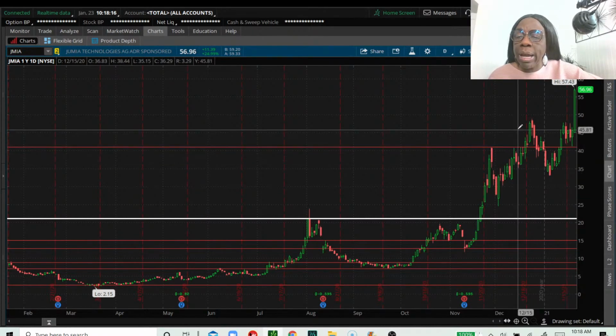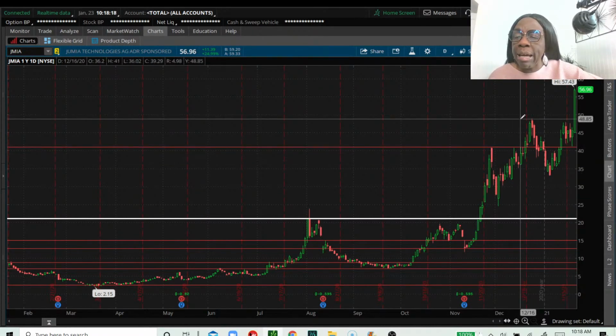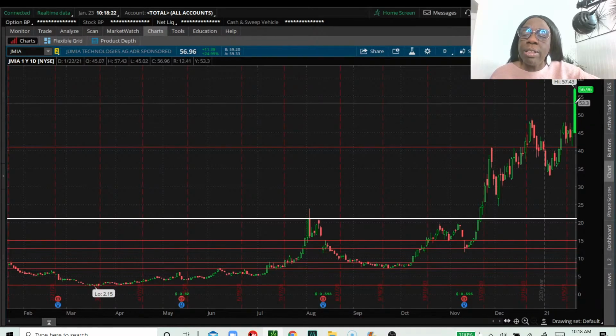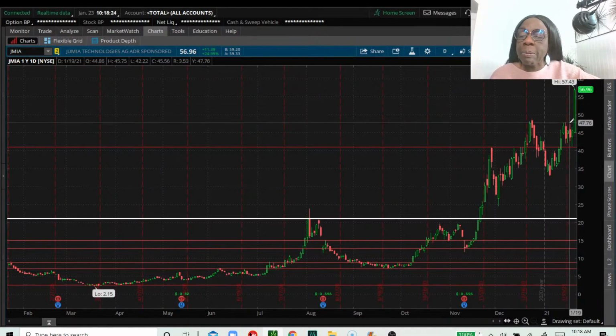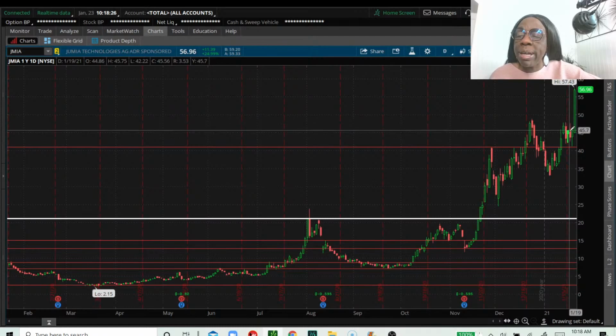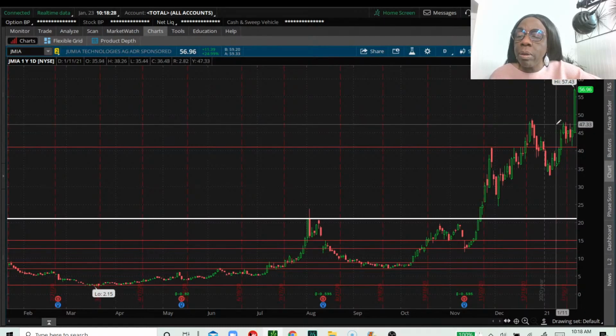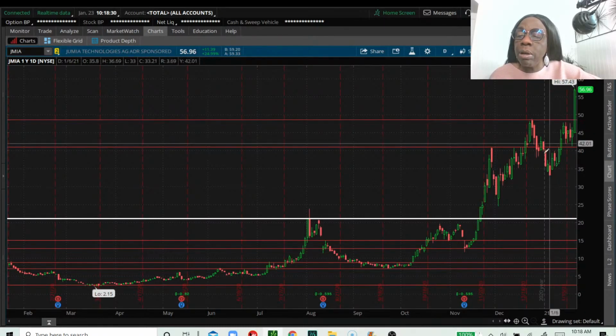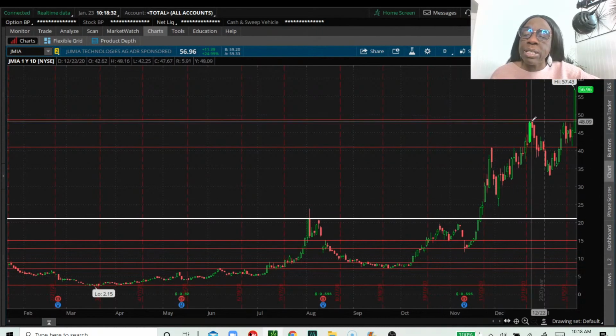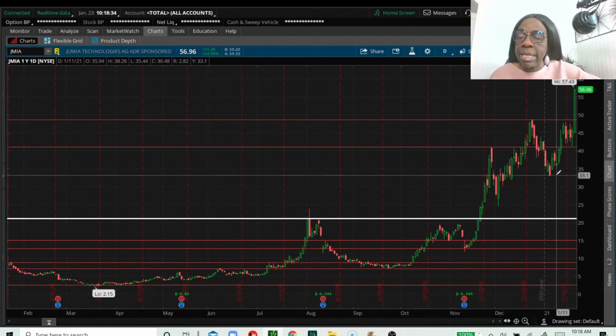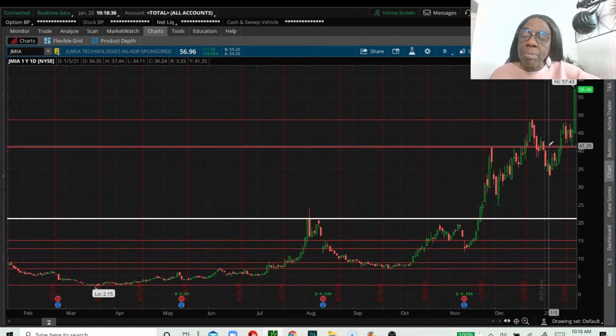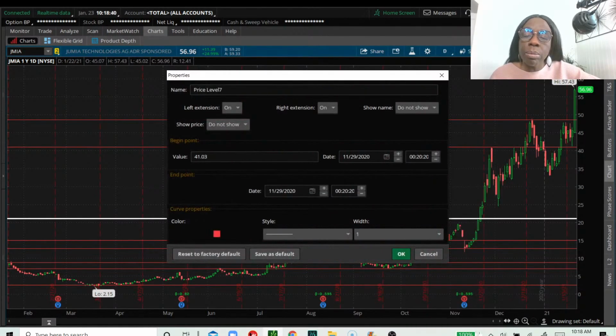So there, and then let's finish off our levels. Now we have another level here. I want to see what happened on this day, Friday, yesterday. I'm going to draw a level. Prior to Friday, there would have been a level there because price action topped here and then started heading back down, broke down below the blue level.